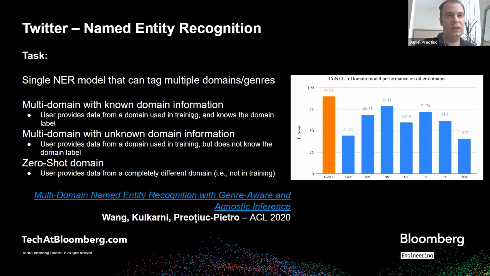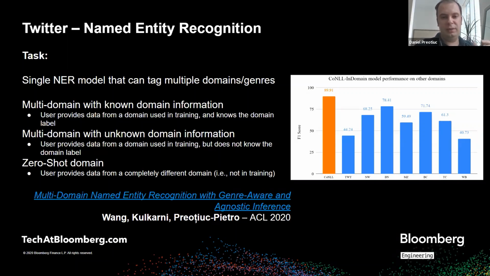So here we have 3 experimental setups where we compute performance of one model across multiple domains if the domain label is given at inference time, and when the domain label is not given at inference time. And this is very akin to how someone would actually use an NER system.